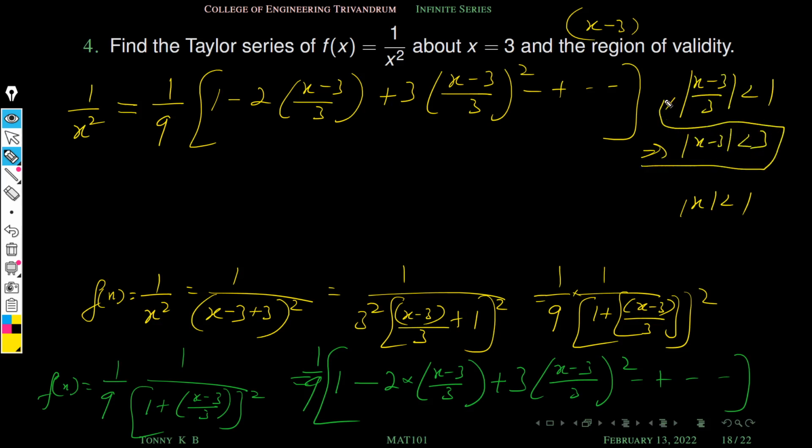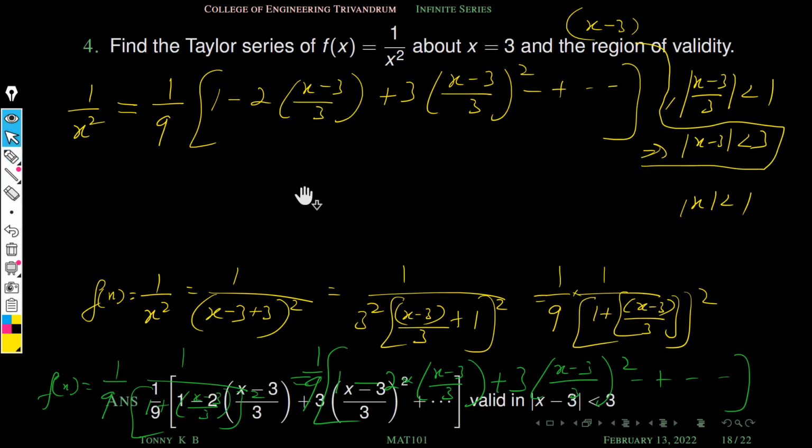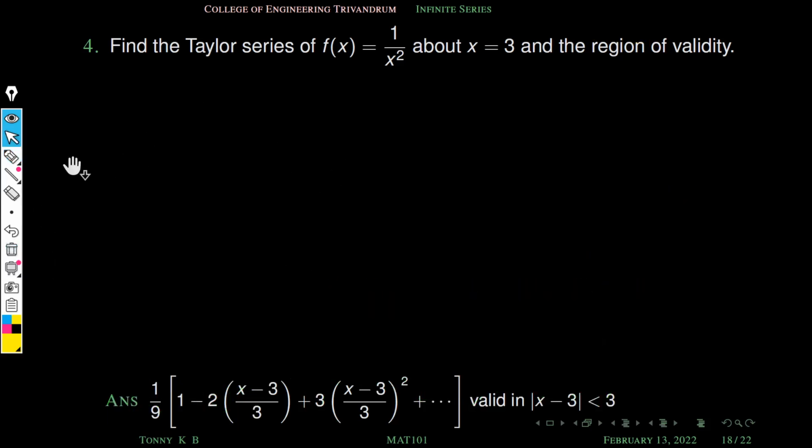So the region of validity of this series expansion is mod x minus 3 is less than 3. Okay, or this expansion is valid in the region mod x minus 3 less than 3. Yes. So this is the series expansion and valid in the region mod x minus 3 less than 3.